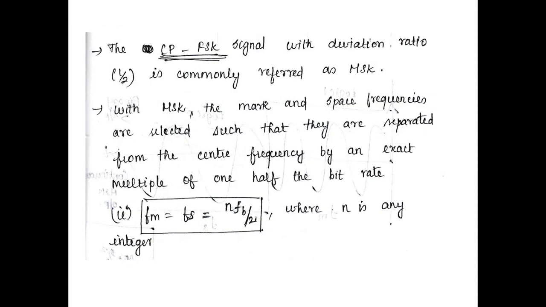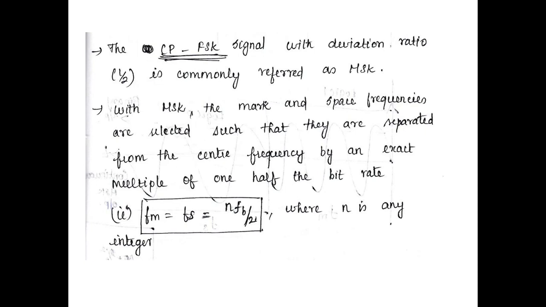Minimum shift keying is a part of continuous phase frequency shift keying. In minimum shift keying, a continuous phase frequency shift keying signal with deviation ratio half is used. With MSK, the two frequencies, mark and space, are related such that they are separated from the center frequency by an exact multiple of half the bit rate.